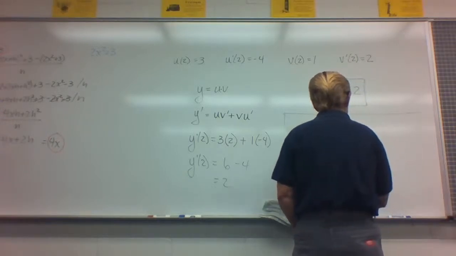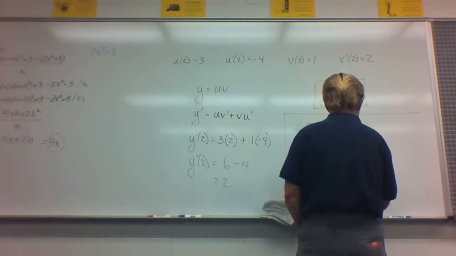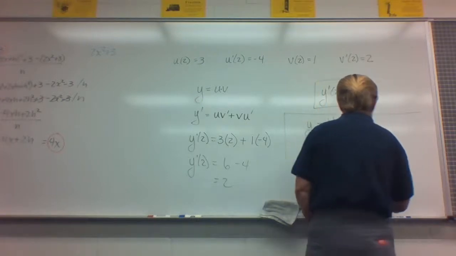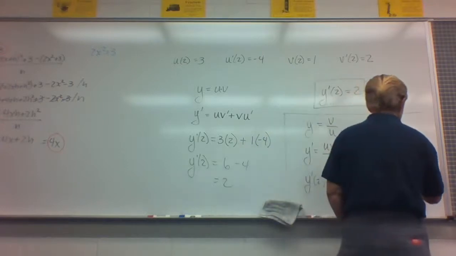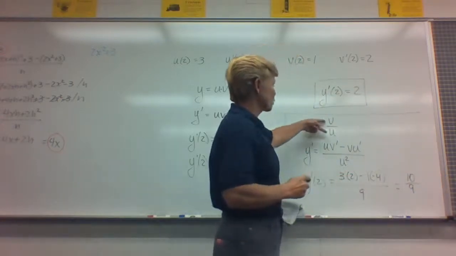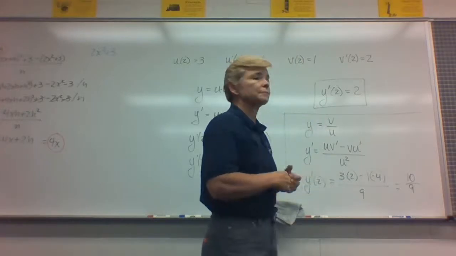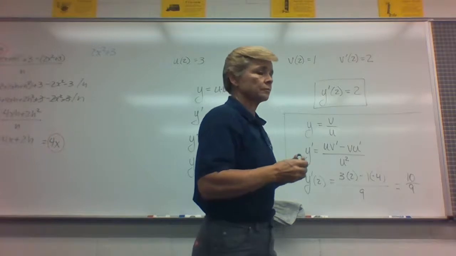What is u squared? U at 2 squared? 9. So the answer to this is going to be 6 plus 4, because it's a negative negative, 6 plus 4 over 9. That's the slope of the quotient curve at 2. You follow?